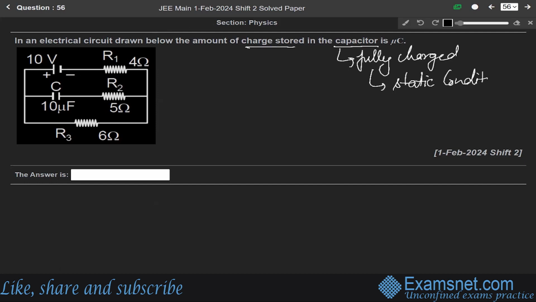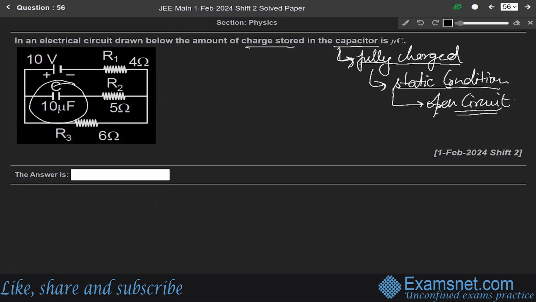And under static condition, the wire acts as an open circuit. To find the charge stored in the capacitor, first we have to charge it fully. When it is fully charged, it acts as an open circuit. So this capacitor will act as an open circuit.